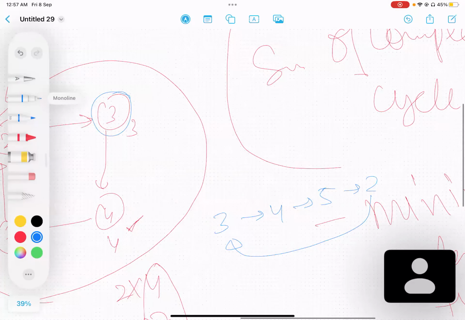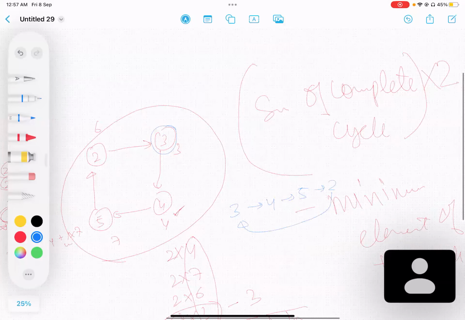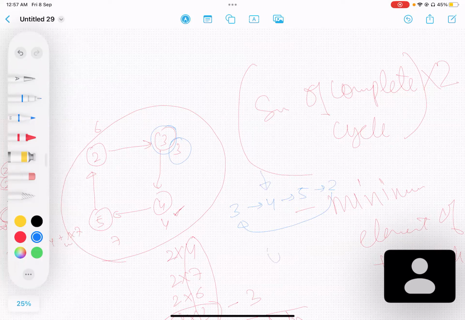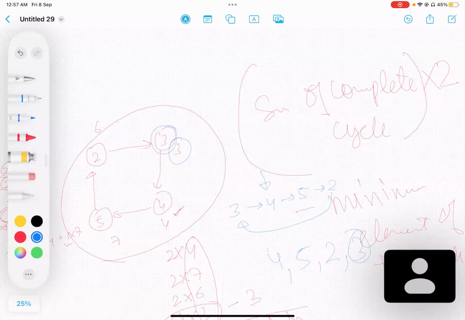By doing DFS, I will be able to find this 3 as the minimum value, right? So what I am saying is we will start after 3. So we will start with 4, then 5, then 2, and at the end we will do it for 3. Right? Because we want that the 3 should come at the end, right? The person with the minimum value should come at the end. So I'm just finding that order, right?